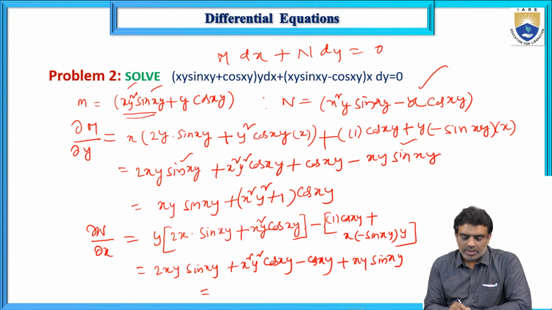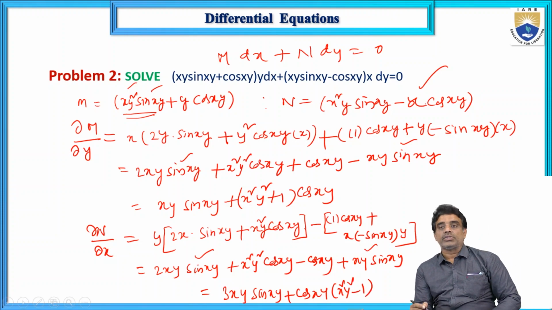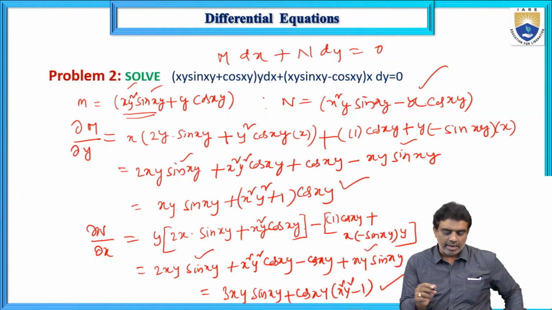So this is equal to 2xy sin xy plus xy sin xy, which is 3xy sin xy, and taking cos xy outside you get x square y square minus 1. So this is one element and this is the other element.